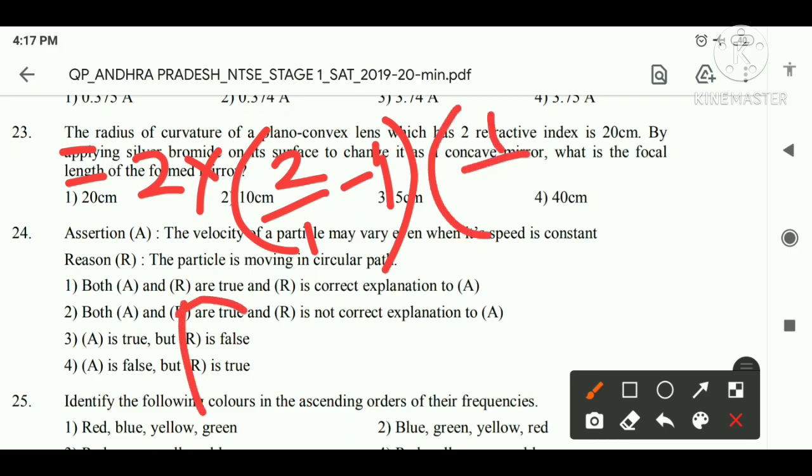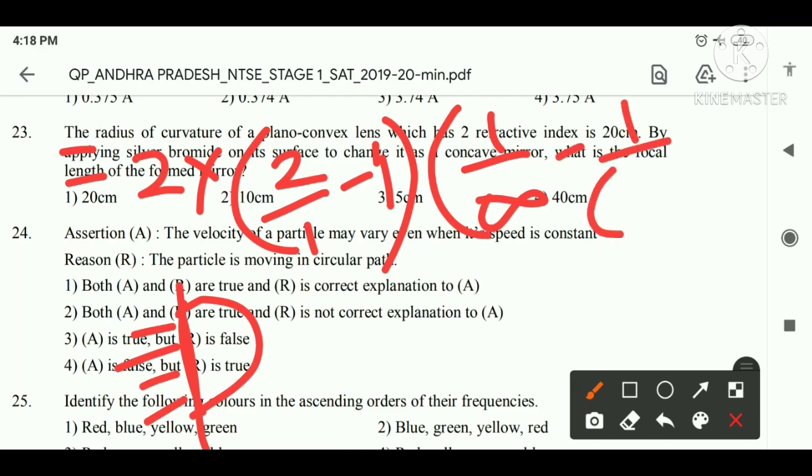1 by the plano-convex surface. This one is the plane surface, so the radius is infinity because it is a plane surface. So minus 1 by, we have to convert centimeter to meter, minus 0.2, because it is on the left side of the mirror and it is a concave mirror, so take it as minus 0.2 in meters.